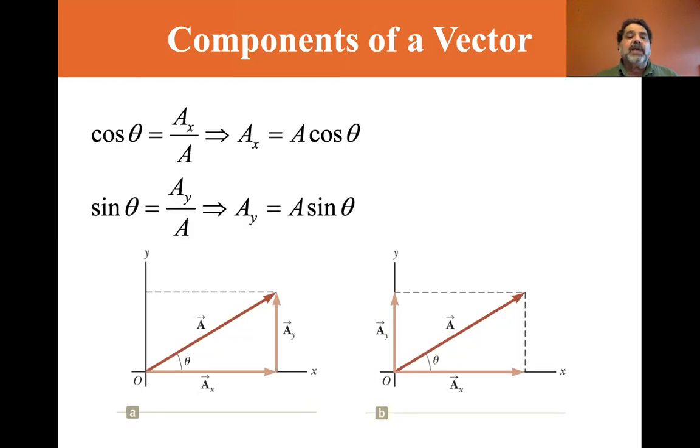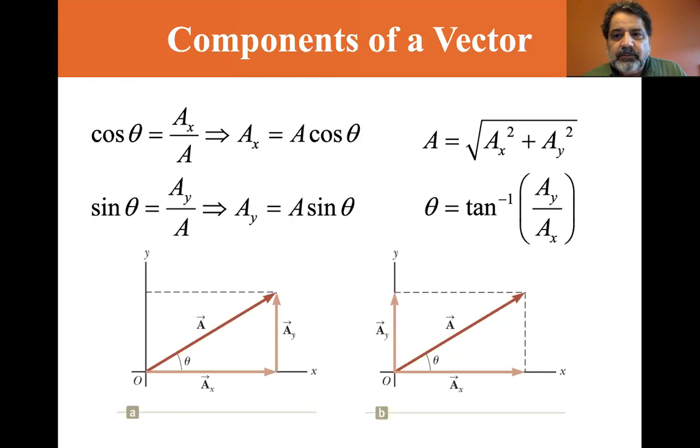So cosine theta equals AX over A. From that, we get that AX is equal to A cosine theta, and sine theta is equal to AY over A. And from that, we can derive that AY is equal to A sine theta. And the magnitude of vector A is the square root of the sum of the squares of its components, AX squared plus AY squared.